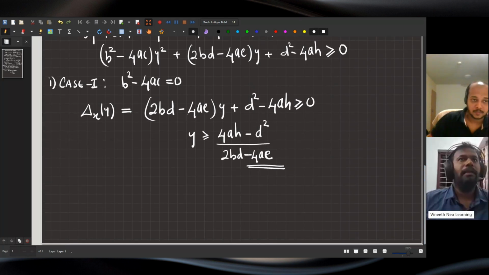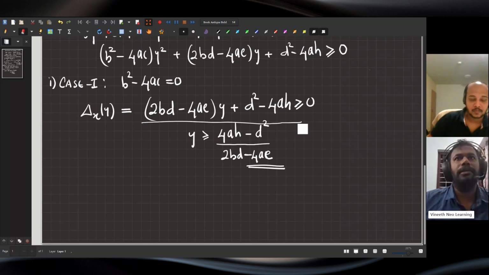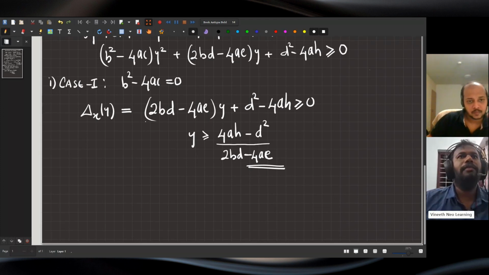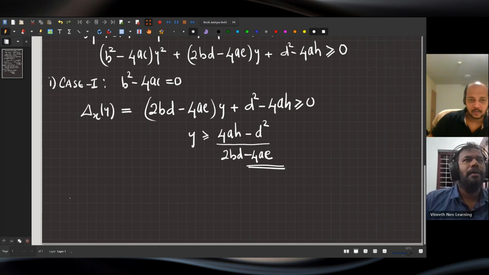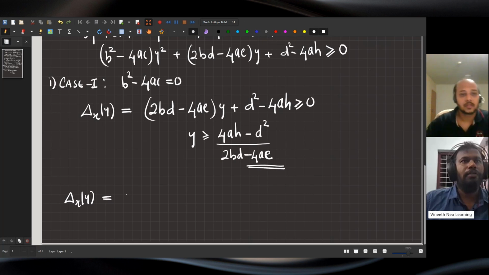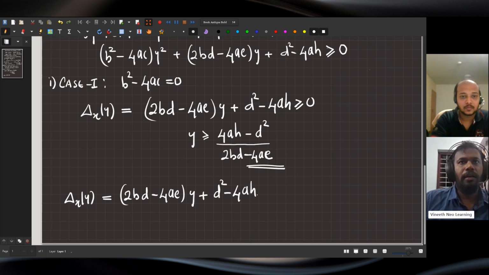If you look at this equation, what is this term? I'll write it down. Delta x of y equals (2bd minus 4ae) times y plus d squared minus 4ah.